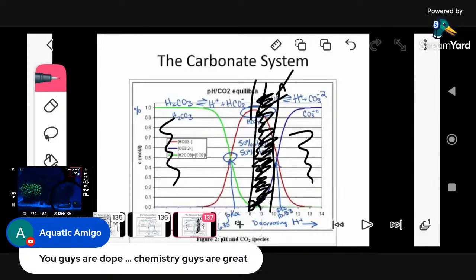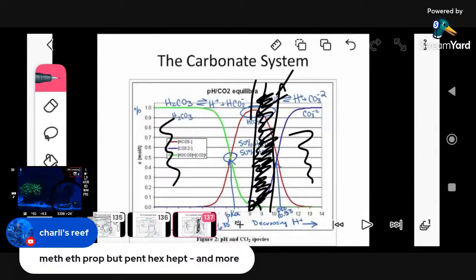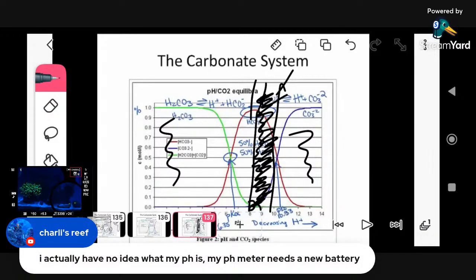Okay. Charlie Reef, true. Mono, di, tri. Oh yeah. I forget all the names, guys. Honestly, meth, eth, prop, pent, hepta, and more. I actually have no idea what my pH is. My pH meter needs a new battery.